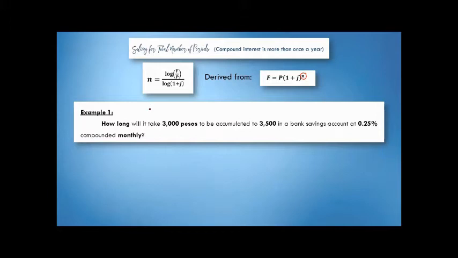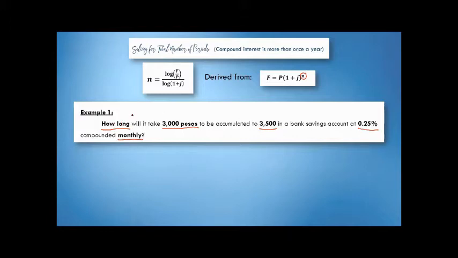So example number 1, we have: how long will it take 3,000 pesos to be accumulated to 3,500 in a bank savings account at 0.25% compounded monthly? So analyze natin yung problem.